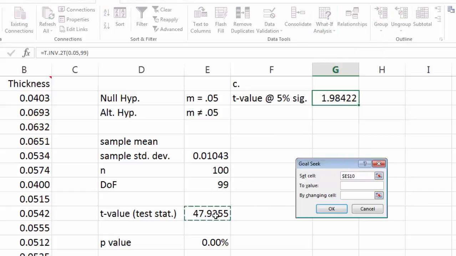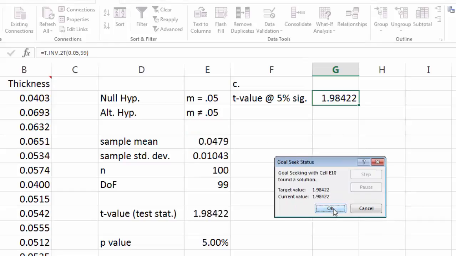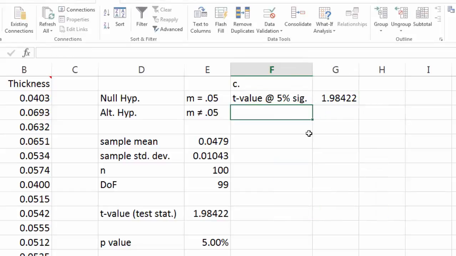I'm going to set the t value down here to the specified level for 5% significance, 1.98422, by changing the sample mean, which I deleted the previous entry because Excel wasn't letting me do this. And there we go. And we've got it. So we've got a sample mean of 0.0479. So that would be the minimum spec at 5% significance.